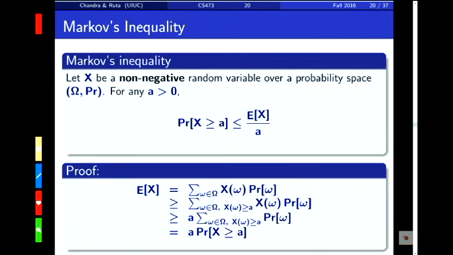You are just averaging, looking at the average value of x. Now suppose I look at only those elements where the value is at least a, because that's what I am interested in. Forget about all other elements. Now this is greater than or equal because x is non-negative. If x was negative, can I say this is greater than or equal?